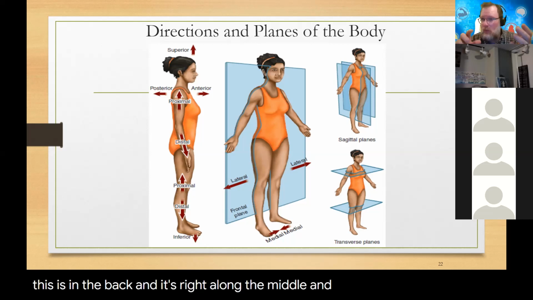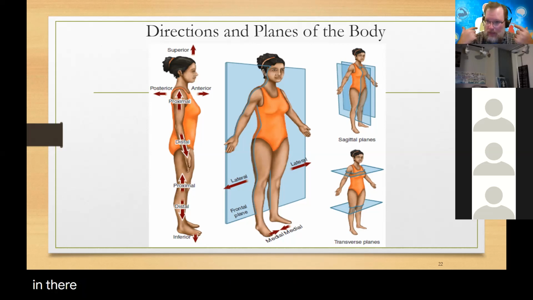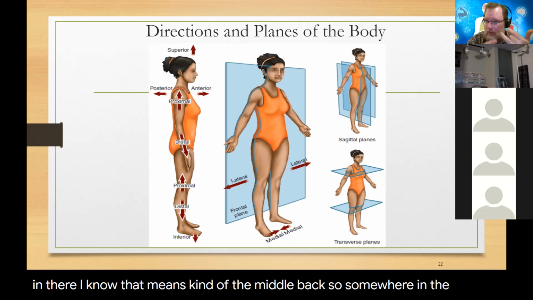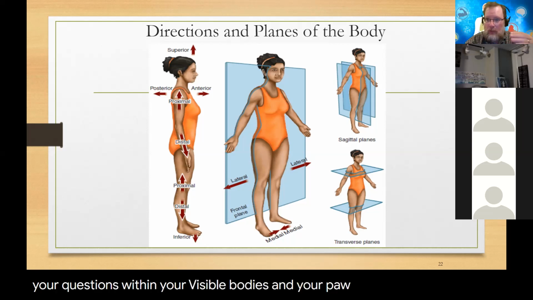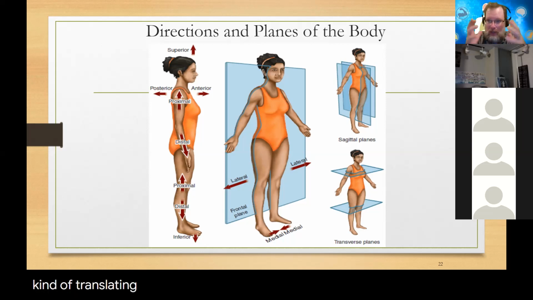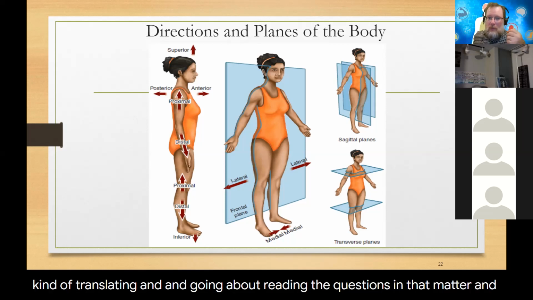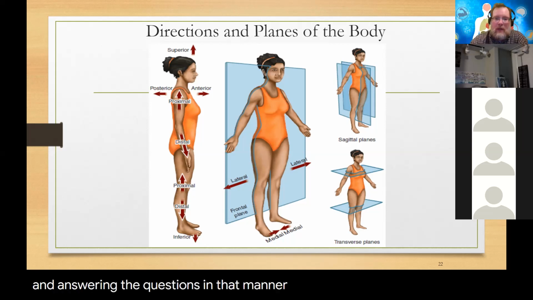And it says the word thorax in there. I know that means kind of the middle back. So somewhere in the middle of its back, right along the middle. So again, as you're reading through and answering your questions within your visible bodies and your portfolios, you're just translating and reading the questions in that manner and answering the questions in that manner.